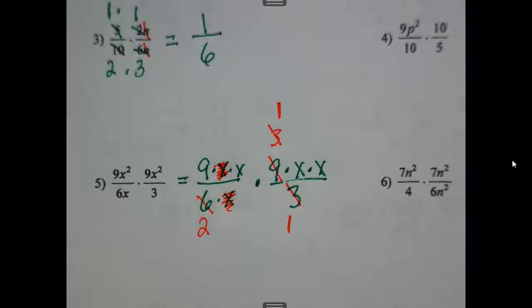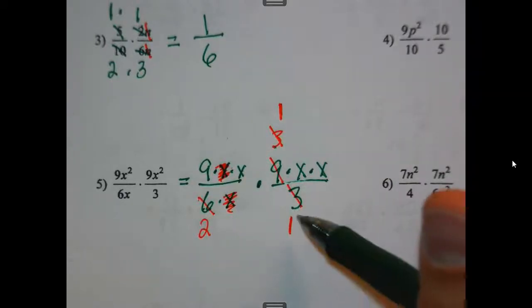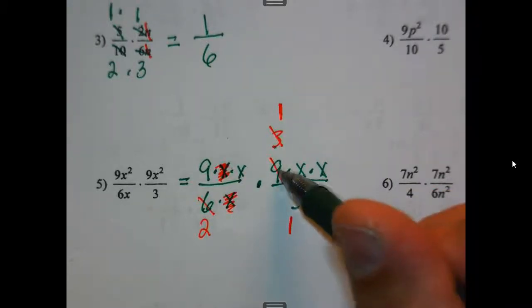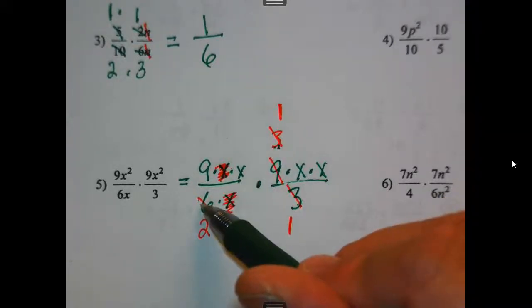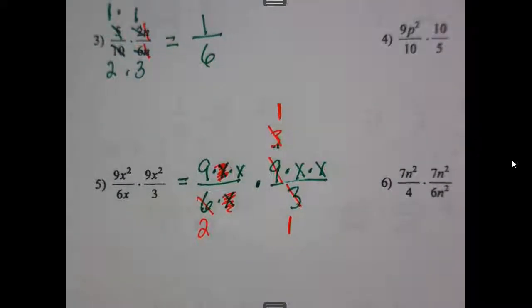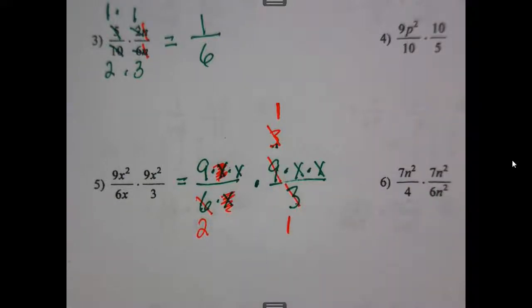Good? Are we good? What's the other thing? Because I took 3 as a factor of 6. Okay, first, the 3 was a factor of 9, I got that 3. Then I took 3 as a factor of 6, so I crossed that 3 up. Oh, I actually used 2 factors of 3 for this 9, because 3 times 3 is 9.